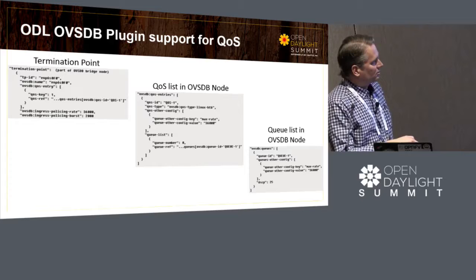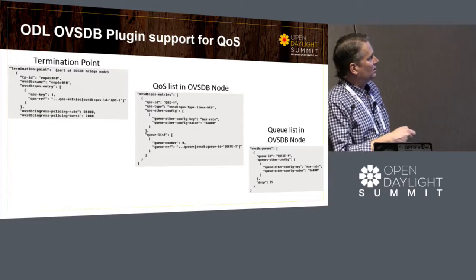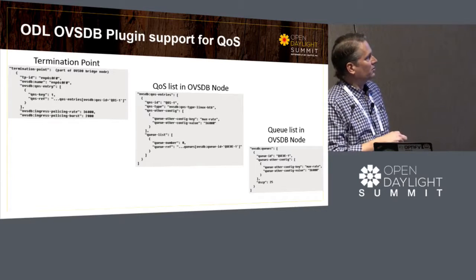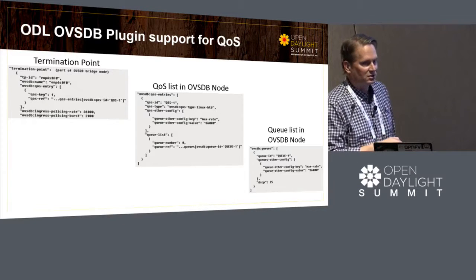So you define your queues, put them in the list, and then you can add those queues, referring to them in a list that's maintained in the QoS model, which is also a list in the OVSDB node.